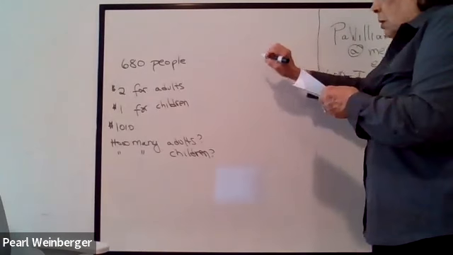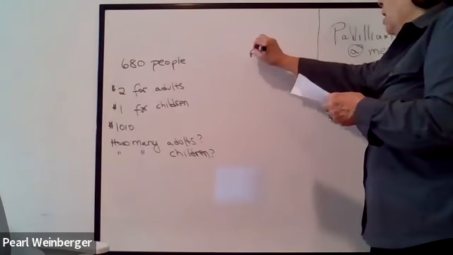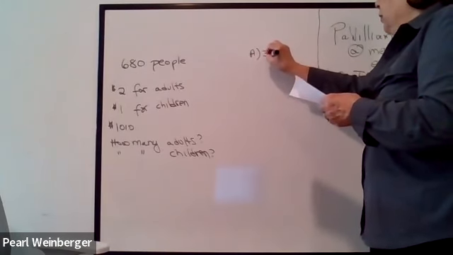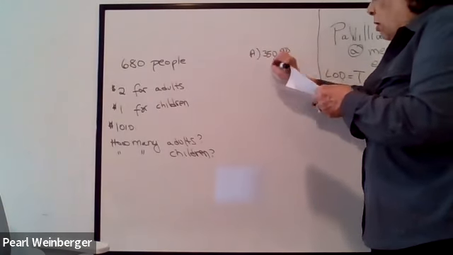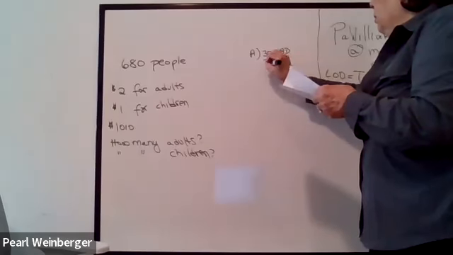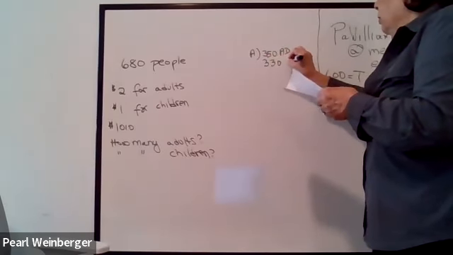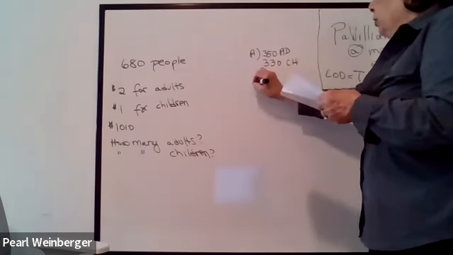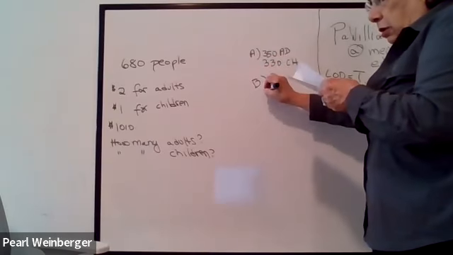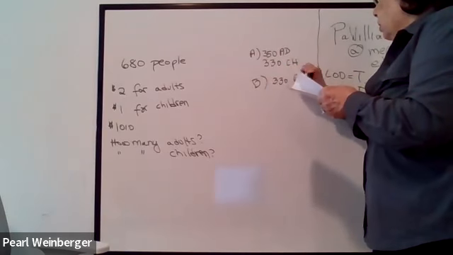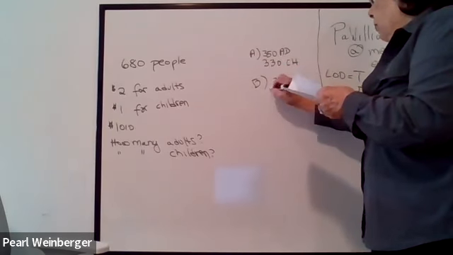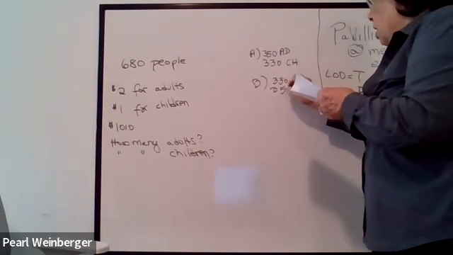Okay. Choice A is 350 adults, 330 children. Choice B is 330 adults and 350 children.